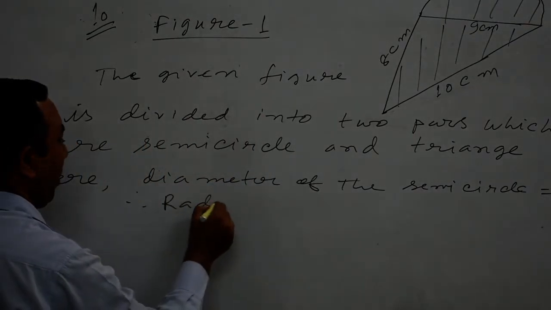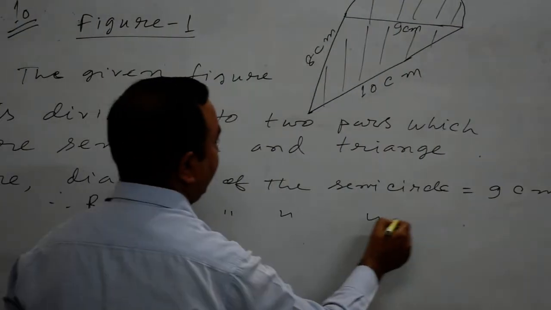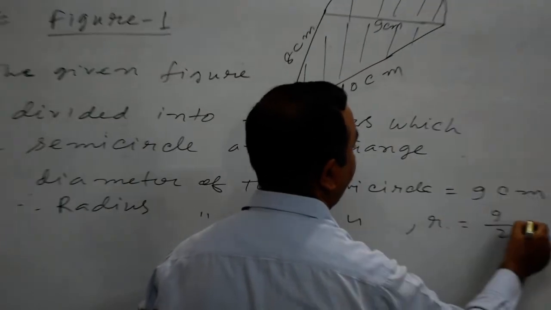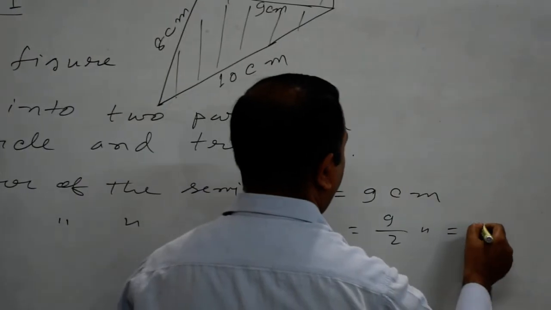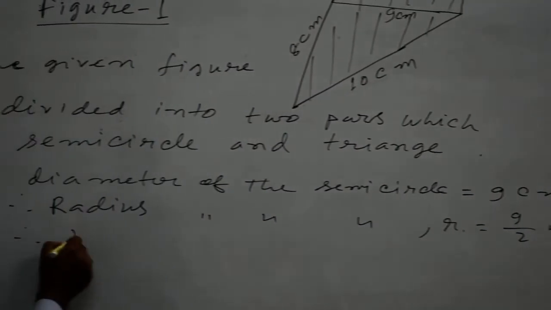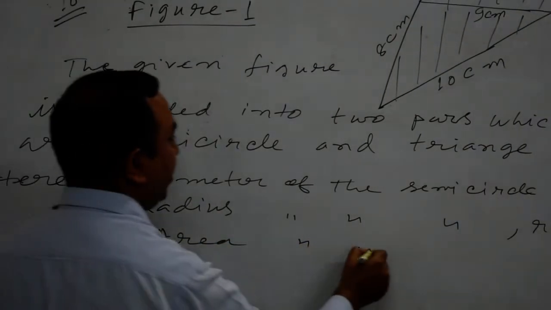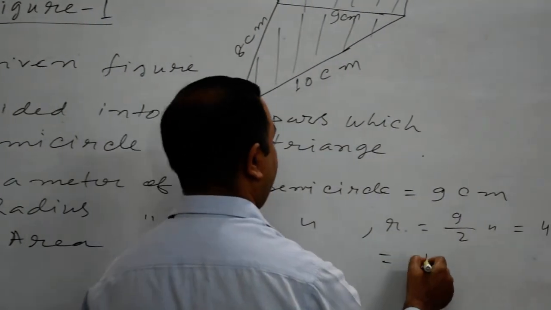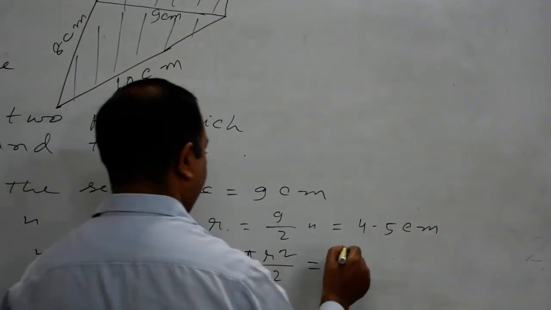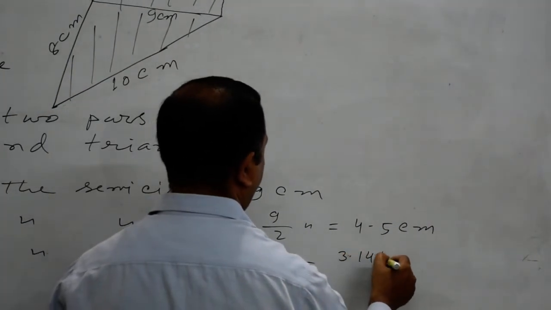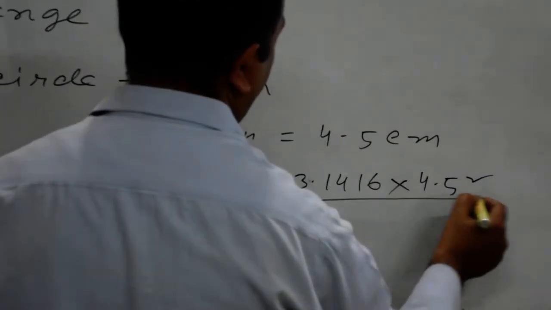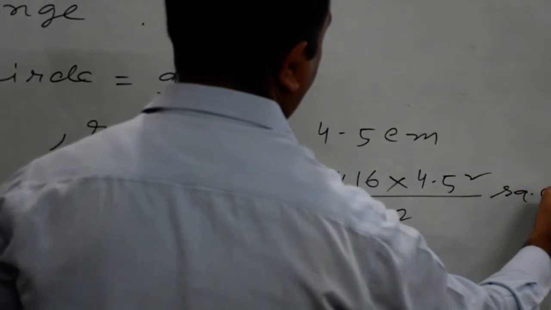Therefore, the radius of the semicircle, we can indicate by r also, 9 by 2 centimeter equal to 4.5 centimeter. Therefore, area of the semicircle, you know the formula for circle pi r square. If you divide by 2, that will be the area for semicircle. 3.1416 into r square means 4.5 square by 2 square centimeter.